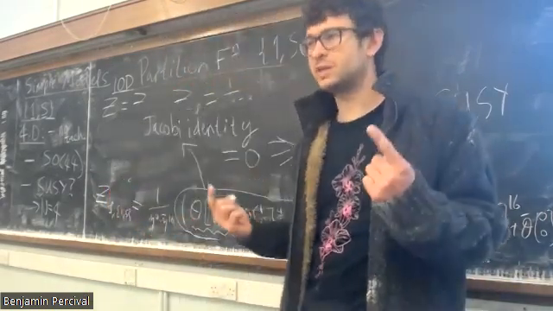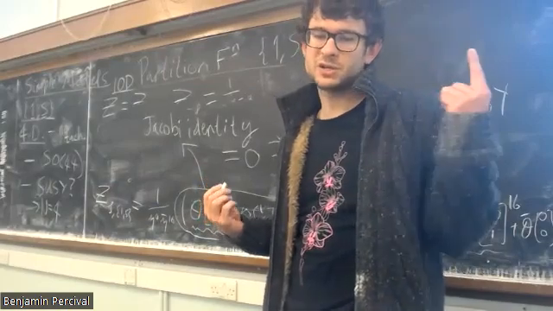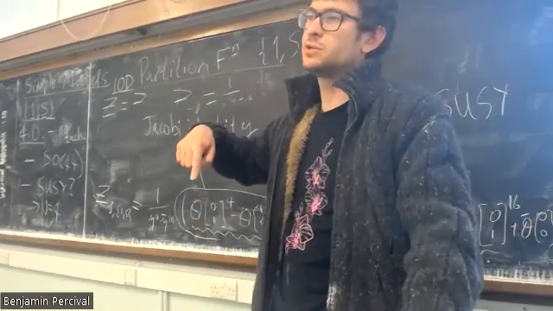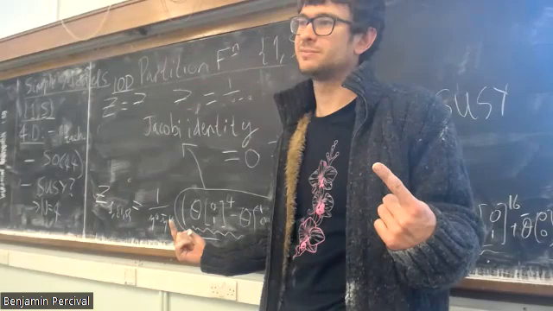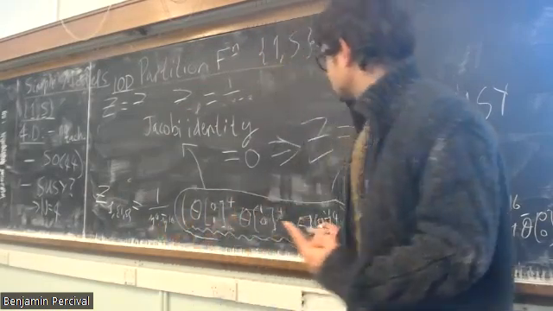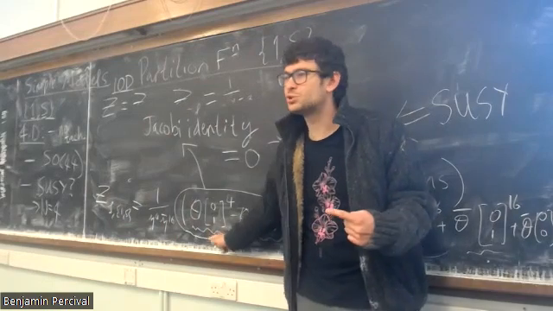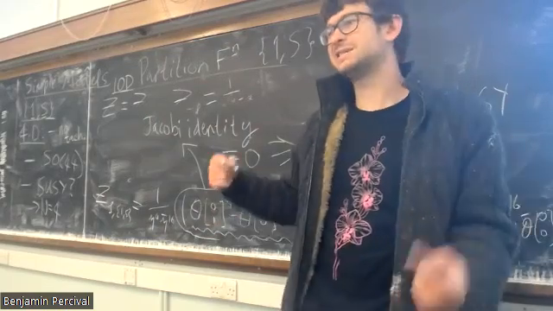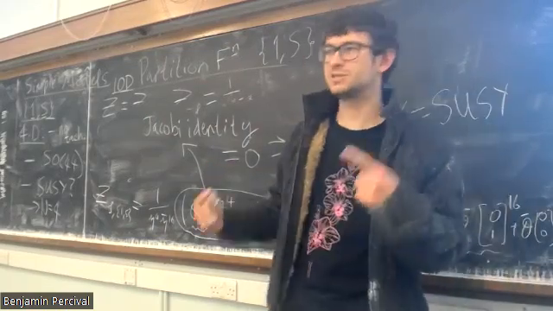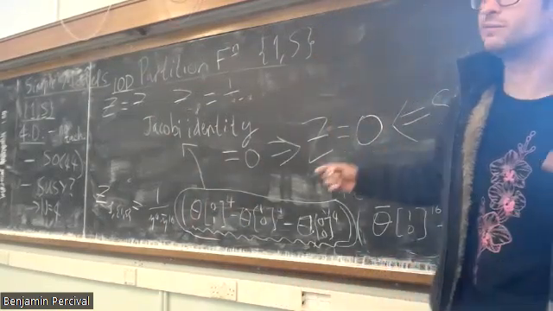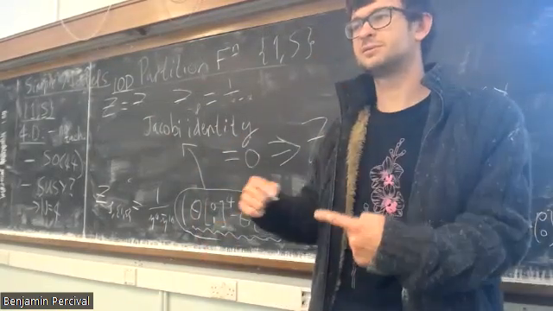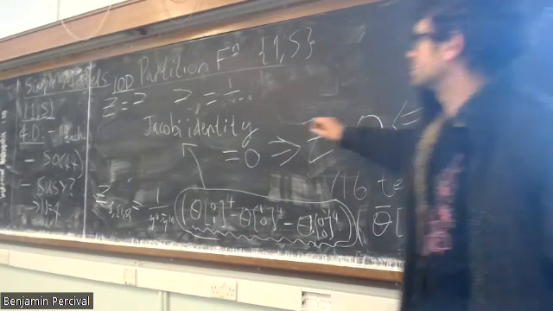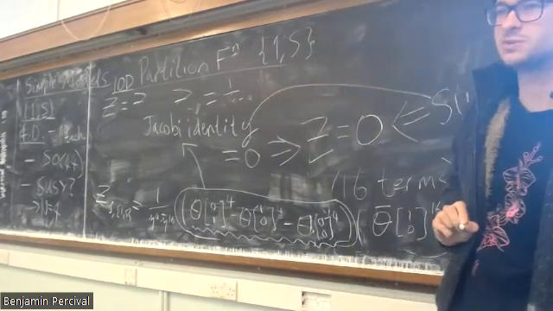If you have supersymmetry in a partition function, the fermions contribute the opposite of the bosons, so they should contribute the same, but with a minus sign. This Jacobi identity in the partition function is how you see in terms of the theta functions that the bosons and the fermions cancel out. So there's a connection between the Jacobi identity and supersymmetry.